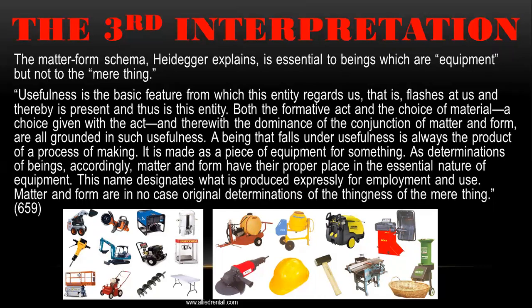It is made as a piece of equipment for something. As determinations of beings, accordingly, matter and form have their proper place in the essential nature of equipment. This name designates what is produced expressly for employment and use, what he'll call these use objects in other contexts. Matter and form are in no case original determinations of the thingness of the mere thing.